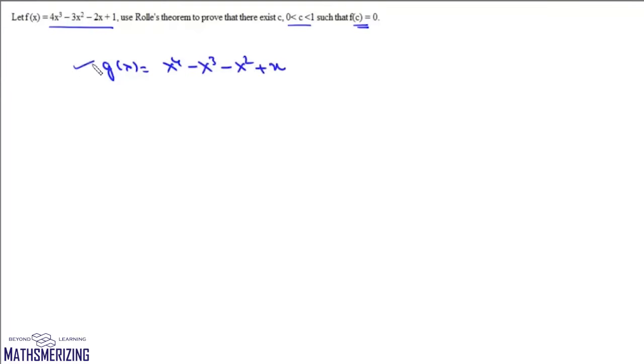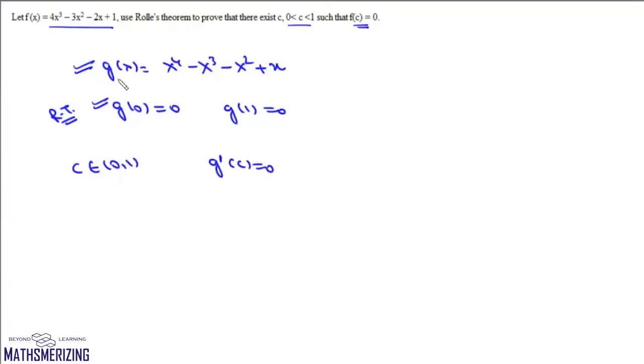Now this function is continuous and differentiable, and if we find g(0), g(0) is 0 and g(1) is also 0. So this function g(x) satisfies all the three conditions of Rolle's theorem. That means there must exist a c in the interval (0, 1) such that g'(c) is 0. Now the derivative of g(x) is f(x). So that means there must exist a point c in (0, 1) such that f(c) is 0.